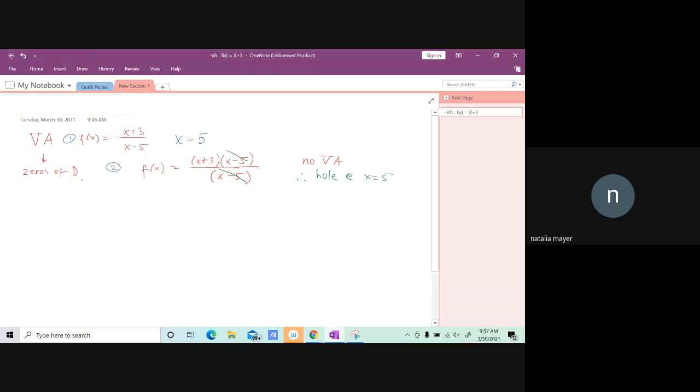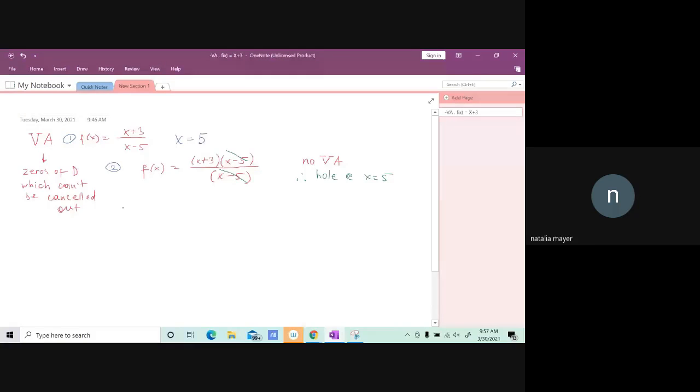Farida, zeros of the denominator, of the denominator of which? I don't know, like, haven't been crossed out. After it's simplified? Which can't be cancelled, right? Which can't be cancelled out.